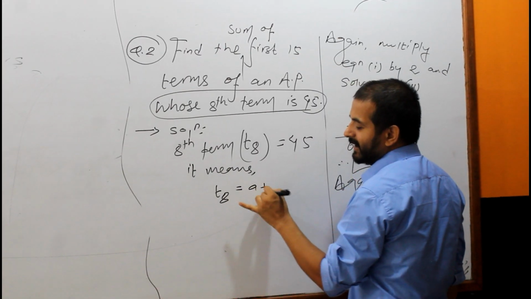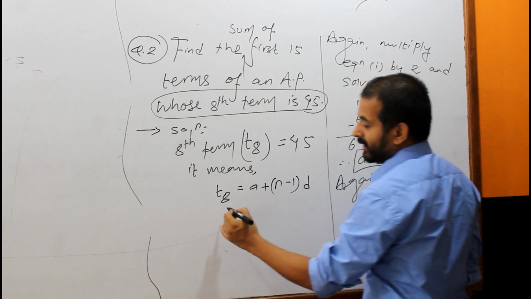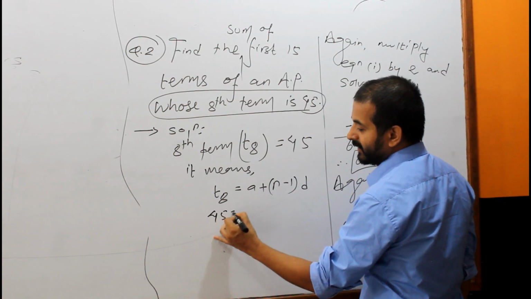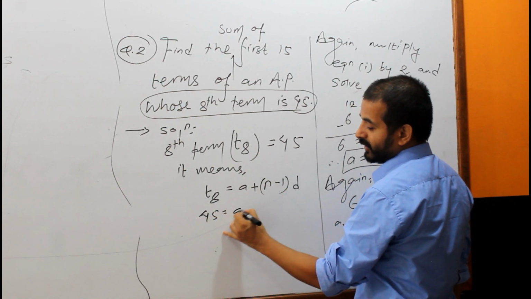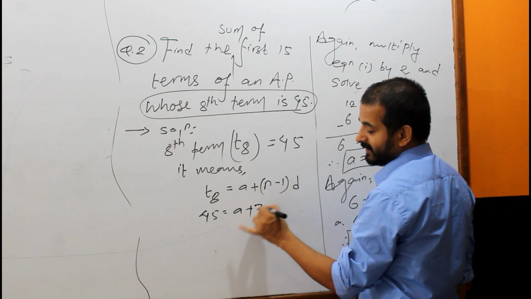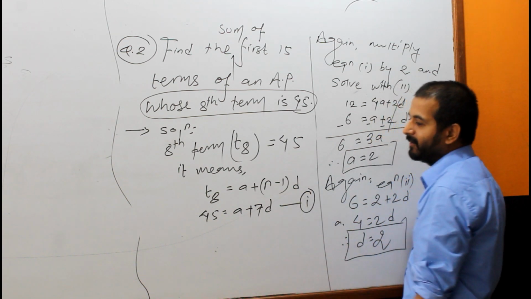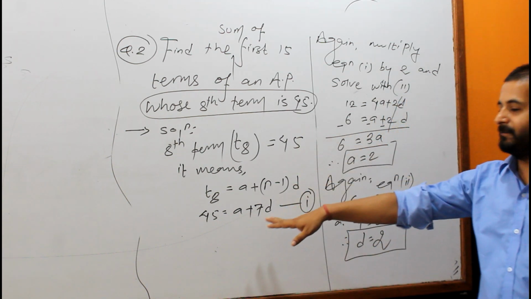T8 equals a plus n minus 1 d. This is the general form of the nth term. So T8 is 45, n means 8, 8 minus 1 is 7d. My dear students, so it is a plus 7d.